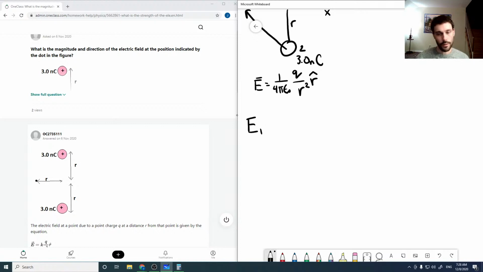So for E1, we would have 1/4 pi epsilon naught Q over r1 squared r1 hat.